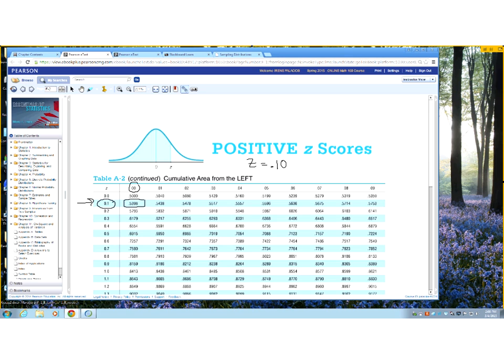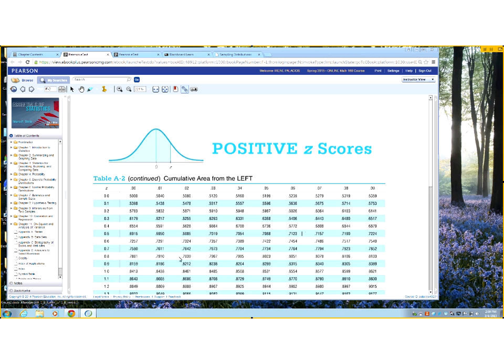If you can't see what I'm writing on, just go ahead and look at your table, table A2, positive z-scores. And if you look up 0.1, you're going to end up with 0.5398. Do you see it now? Again, if you can't see it, it's on your table. Sometimes it takes a while for it to transfer over.